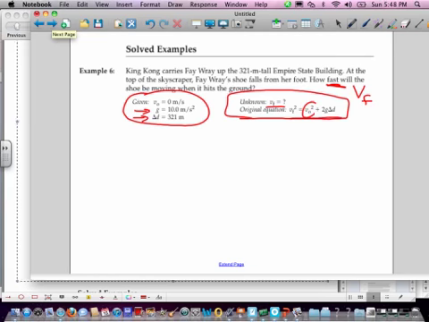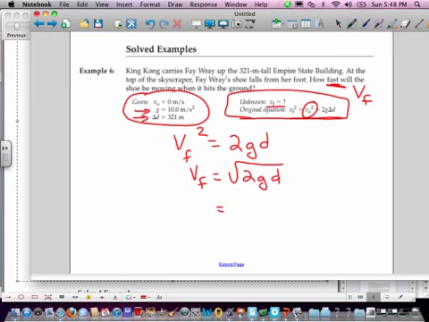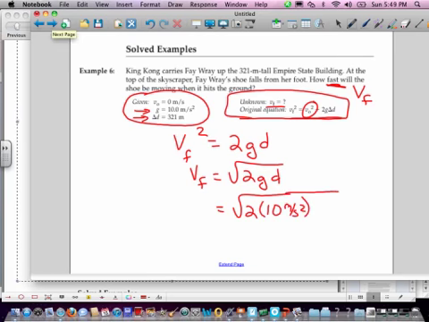But since the initial velocity is 0, we don't have to worry about that. So final velocity squared equals 2GD, or final velocity equals the square root of 2GD, equals the square root of 2 times 10 meters per second squared times my distance of 321 meters.